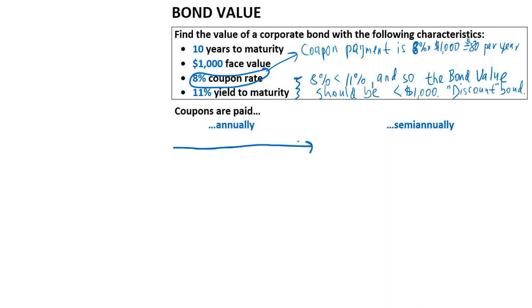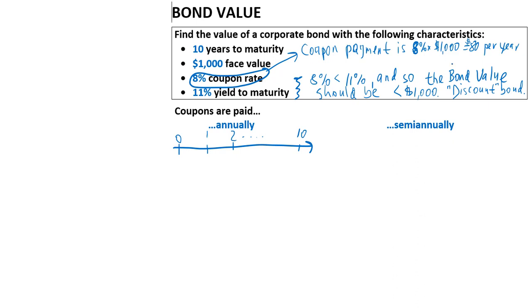Let's say we are looking at the annual coupons: year 0, which is today, year 1, year 2, and so on, all the way to year 10, which is the maturity date, 10 years from today. 10 years from today, the investor will receive the last payment on the bond that he purchased from the company.